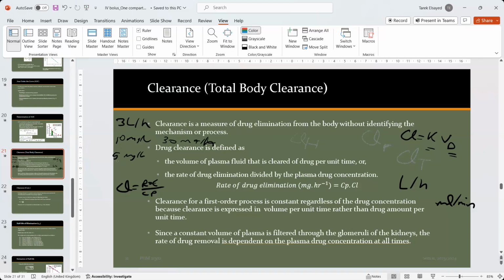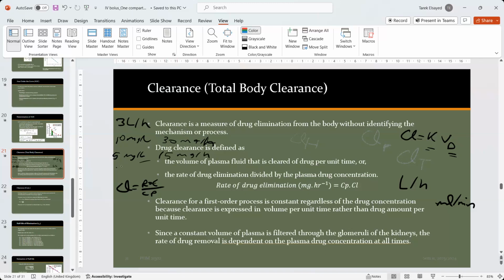In the second hour, the concentration, say, decreased to 5 milligram per liter. So in this case, when you clear 3 liters, then you lose 15 milligrams. So in the second hour, the rate of elimination is 15 milligram per hour.